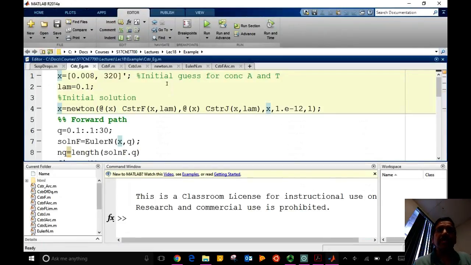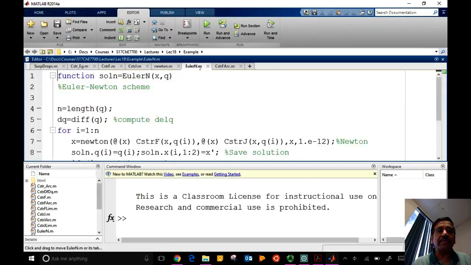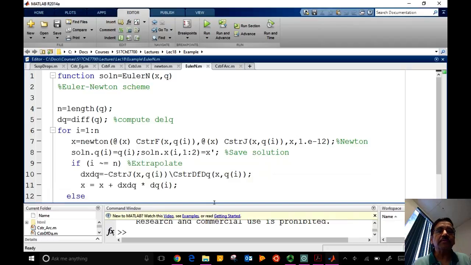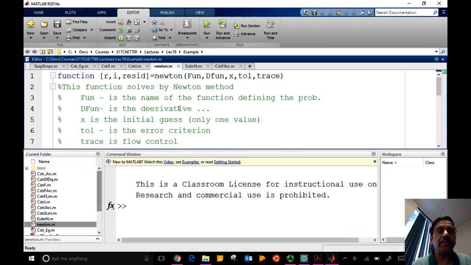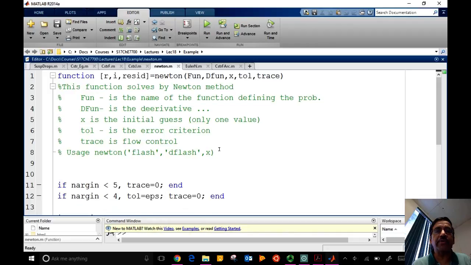Okay. So here, let me open the Newton method. No, that's Euler-Newton continuation. That's the Newton method. Okay, just a piece of code that I wrote.